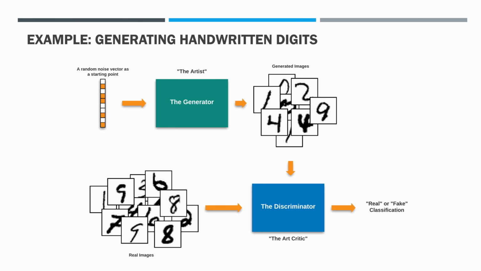And the generator will start with a random noise vector and generate similar-looking images, progressively becoming better and better at generating images that resemble actual handwritten digits.